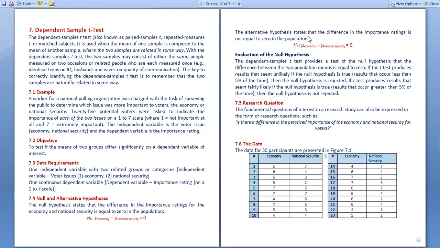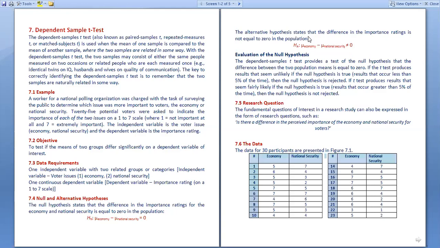So we are basically talking about one independent variable with two related groups or categories. The independent variable, in this example, is the voter issue: one is economy and second is national security. And we have one continuous dependent variable, the importance rating on a 1 to 7 scale.